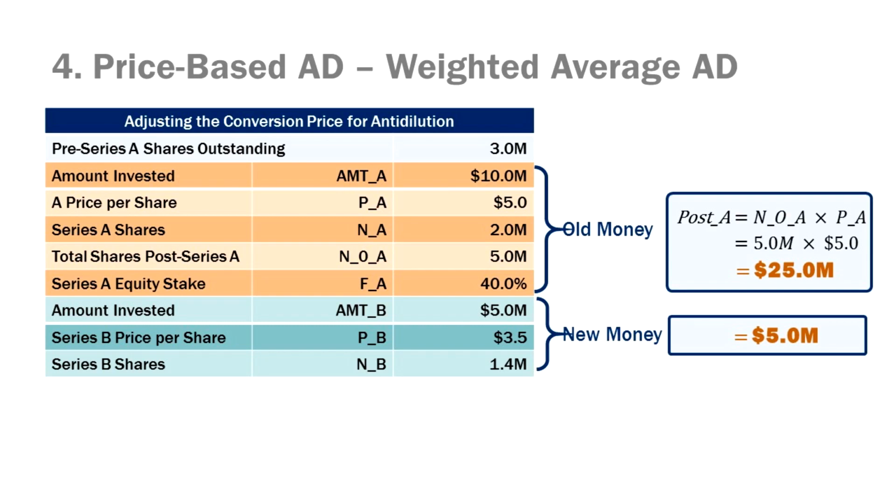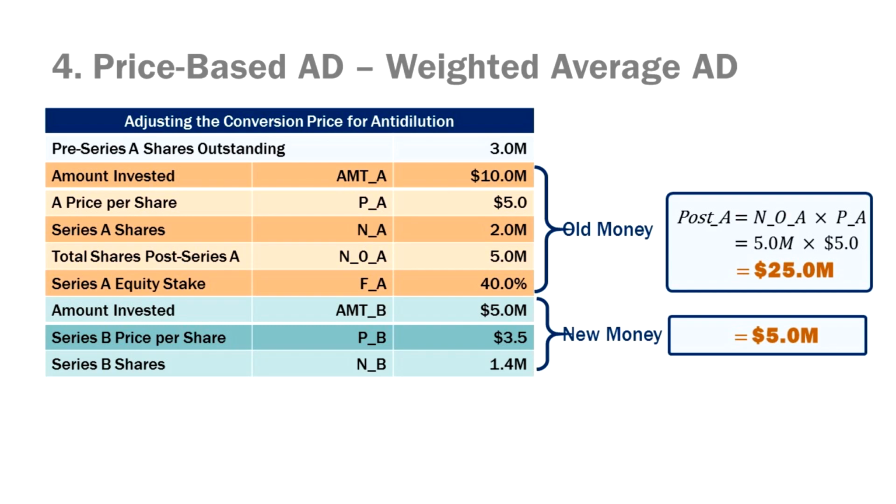Where in that range the price falls depends on the relationship between the value of the company before the Series B round, which I call old money, and the amount of money raised in the Series B round, or new money. Weighted average anti-dilution is thought to be more fair because it's the blended price that results from the relative contributions of the prior money and the new money to the value of the company.